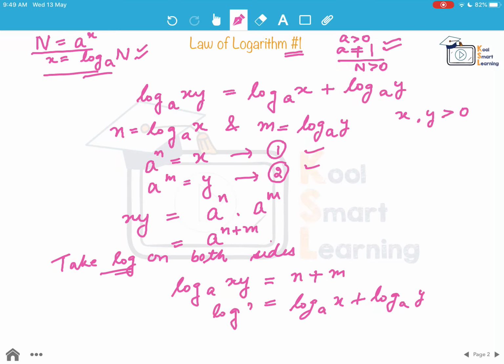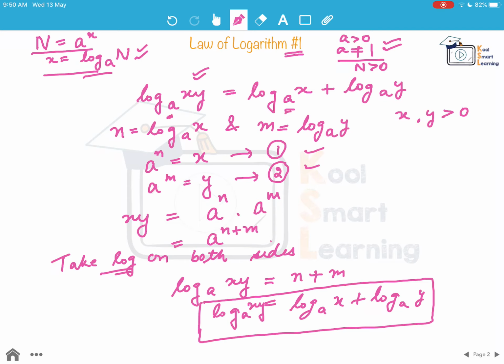So this is the first property of logarithm. So log of the product of two numbers is equal to the log of the first number plus the log of the second number, base remaining constant or base remaining same on both the left hand side and the right hand side. So here everywhere the base is a.